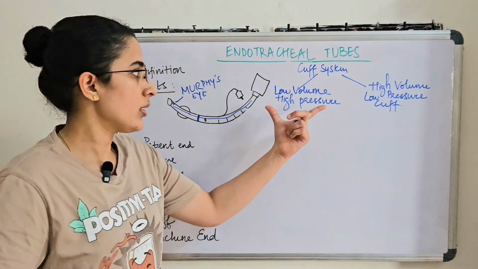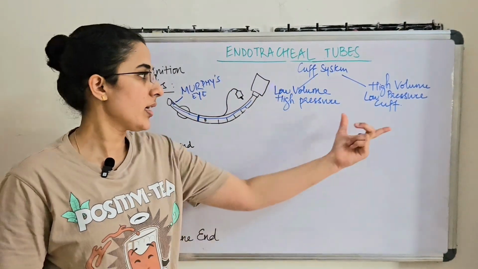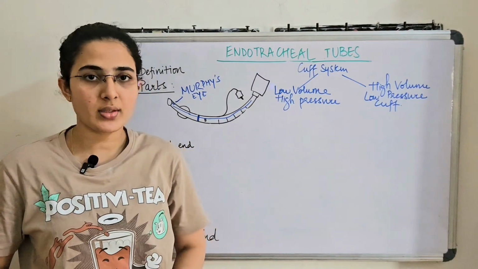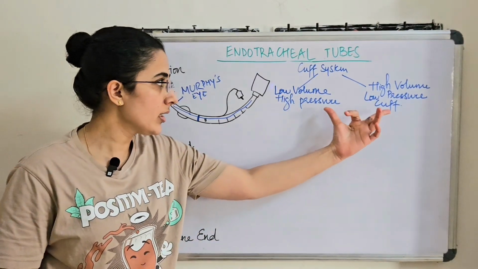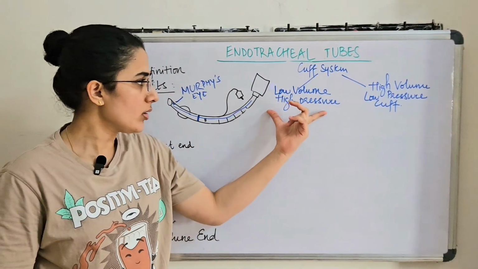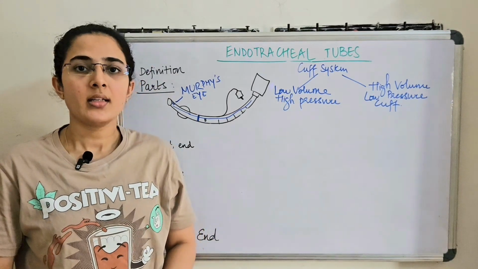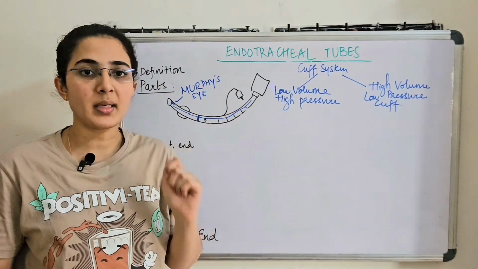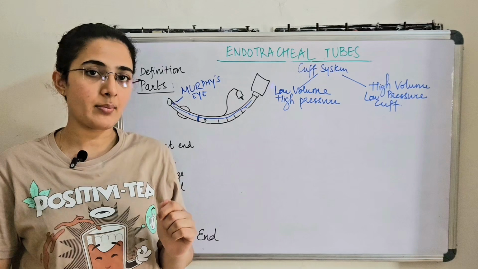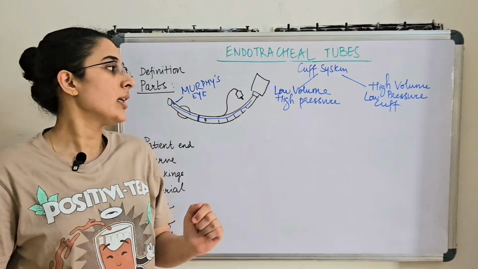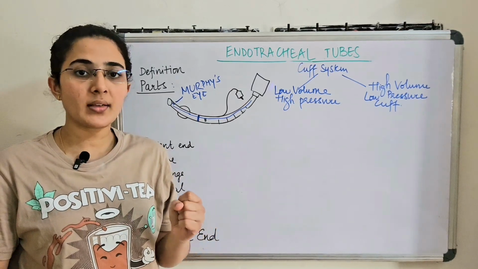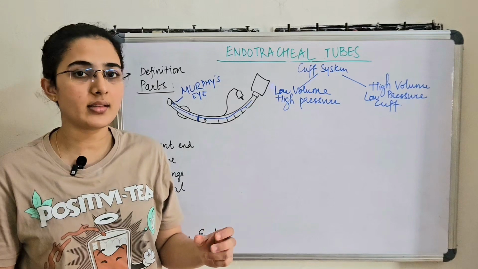Okay, so the low volume high pressure cuff and high volume low pressure cuff, these are the two types of the cuff system. So in low volume high pressure cuff, this cuff is basically made up of either rubber or like latex, and this will be requiring very high pressure to inflate the cuff.